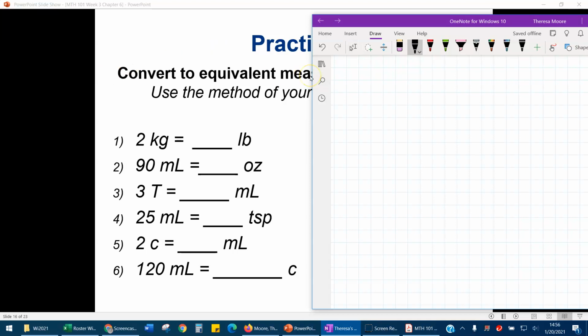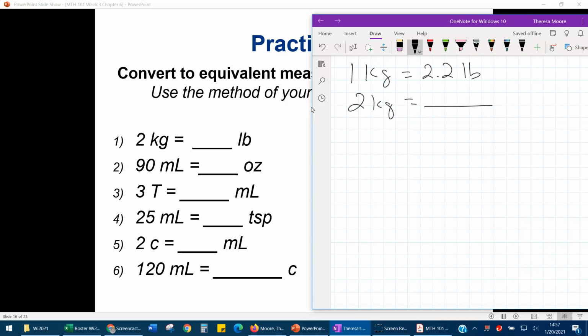Well, we know 1 kilogram equals 2.2 pounds. So if we're using just the multiplication method, I'm going from kilogram to pound. So I would take kilogram and multiply by 2.2. So that would give me 4.4 pounds.